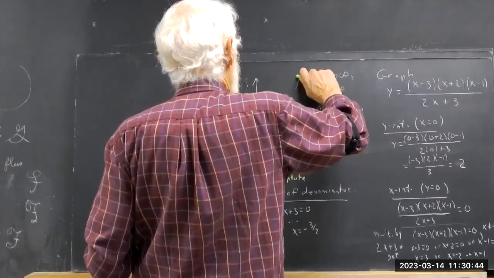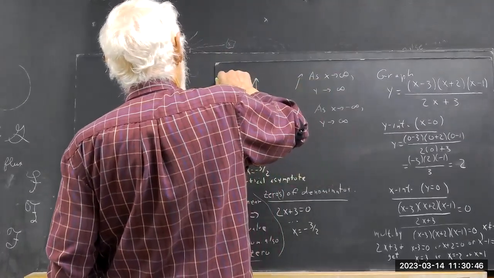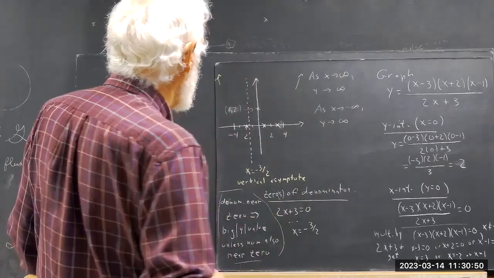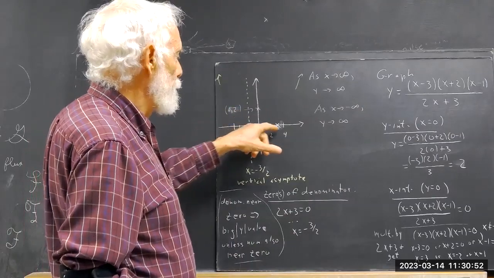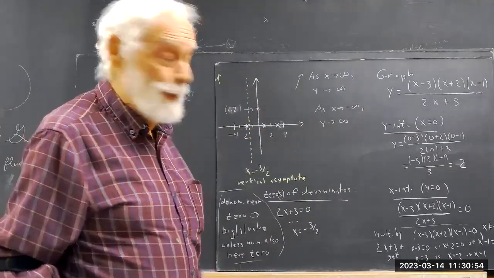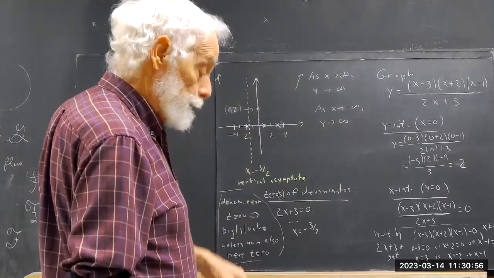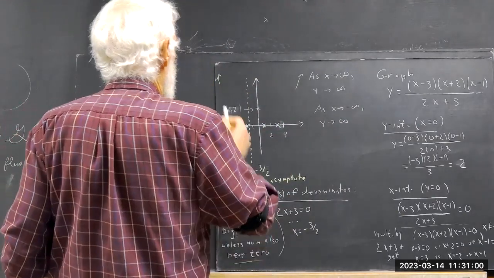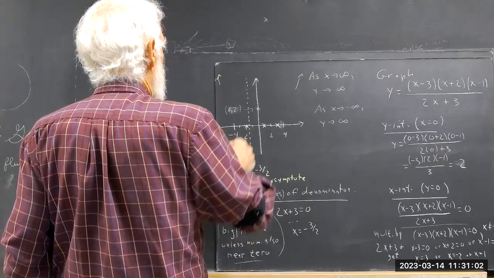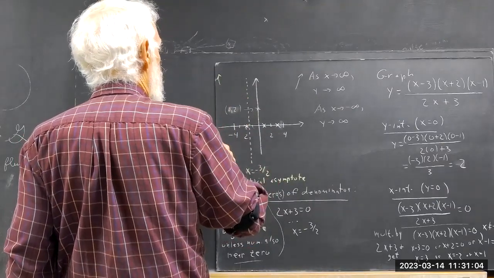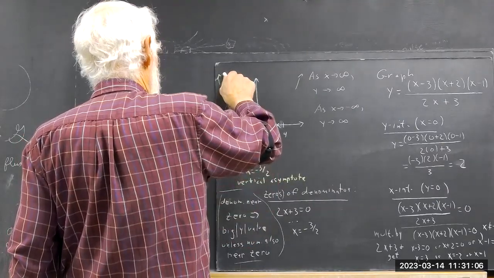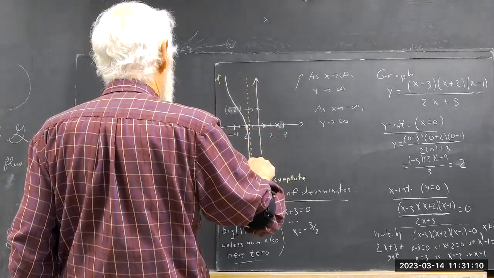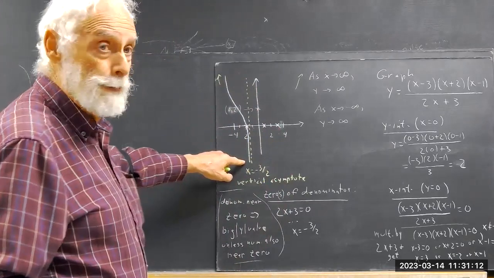So now we can sketch a graph. Graph's got to go up here. It's got to go up here. And then it's got to go through this point, this point, this point, and this point. It's got to be an asymptote with this line. What's it going to look like? Well, it's going to come down from here. We go through here, and then it's going to be an asymptote down here.